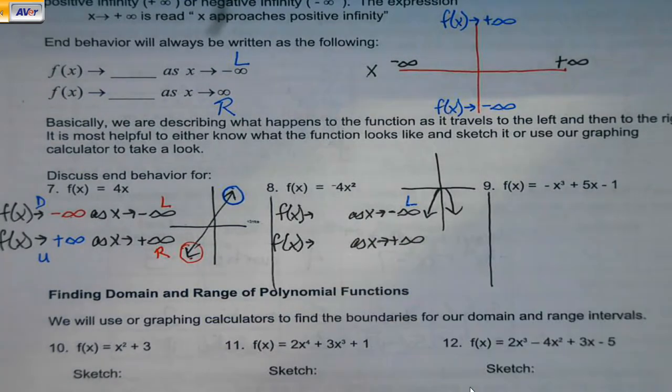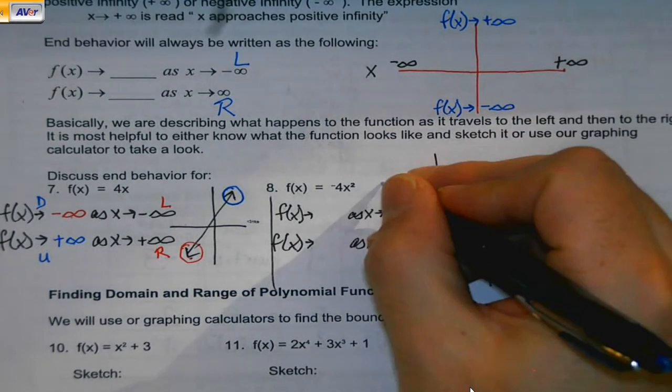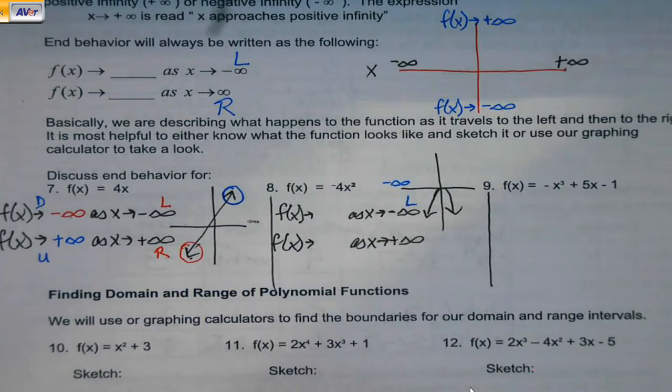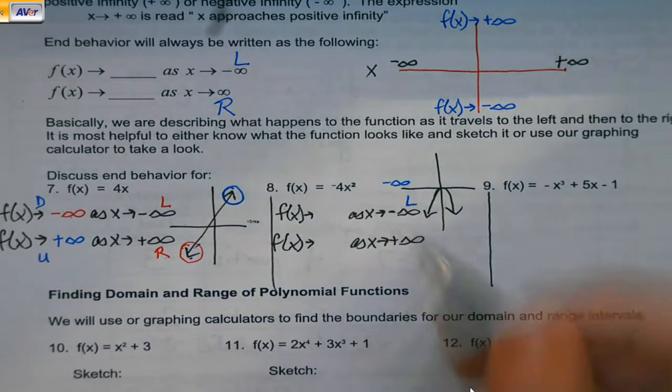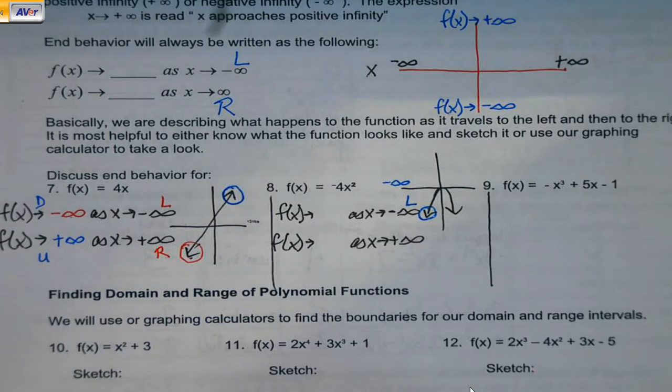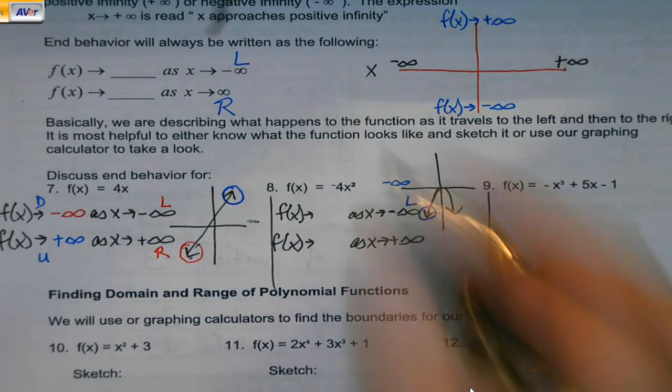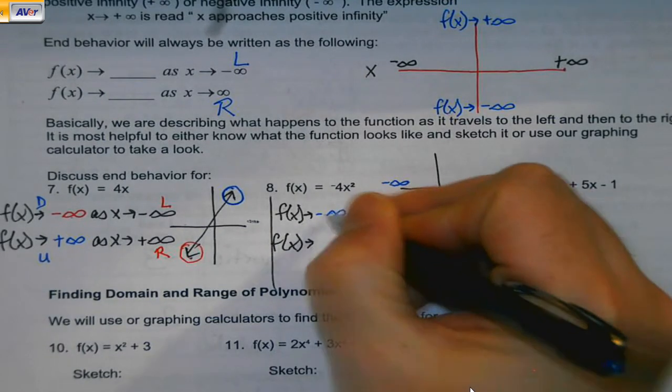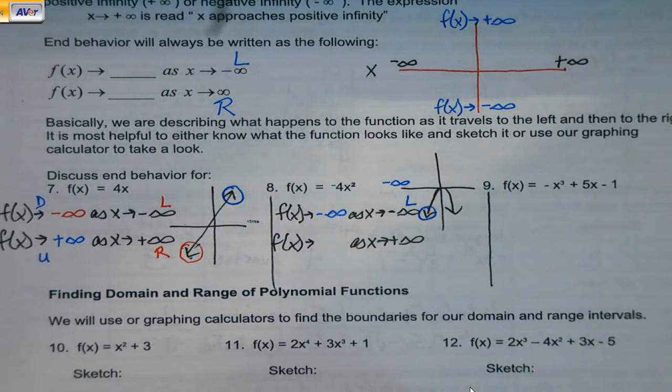So as x goes to negative infinity, maybe I even put the infinities on the graph too. As we're going left, find my left arrow. The only question you've got to ask yourself is, is it going up or down? If it's going down, we put negative infinity.